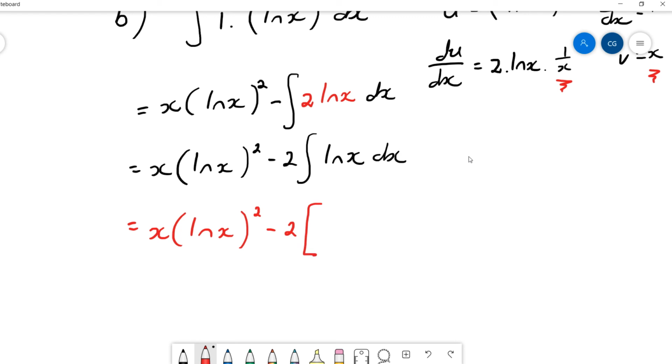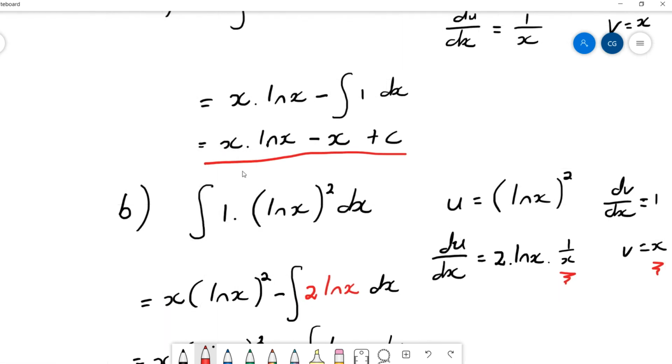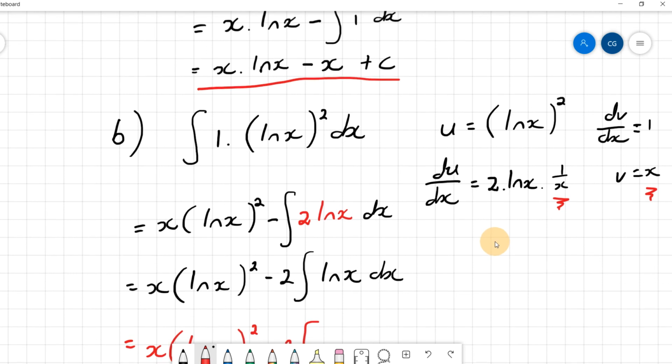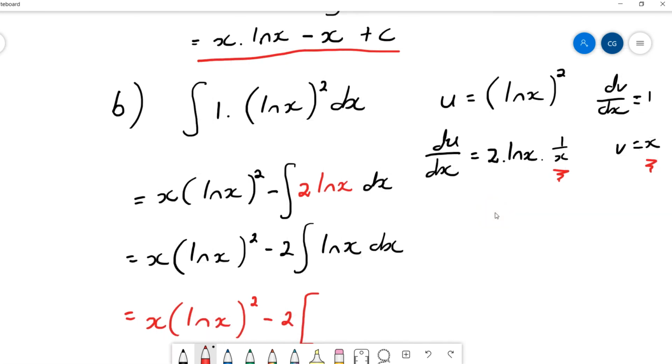But now instead of this, I can actually use my previous answer. That's why the question said hence. So using the first, we can go and solve the second. x times natural log of x minus x. And of course, all of this plus c, which is our arbitrary constant.